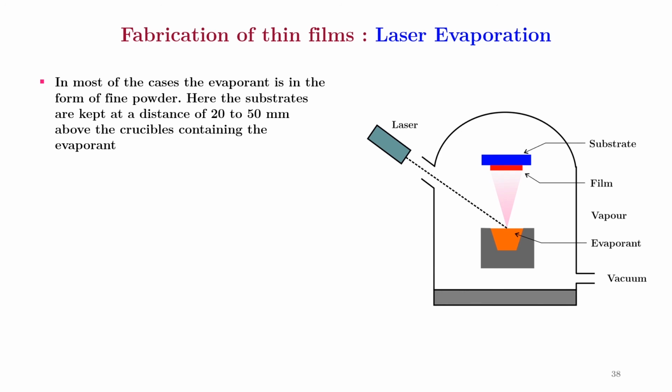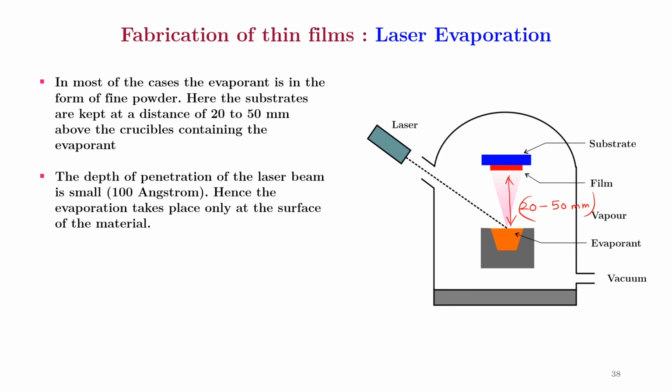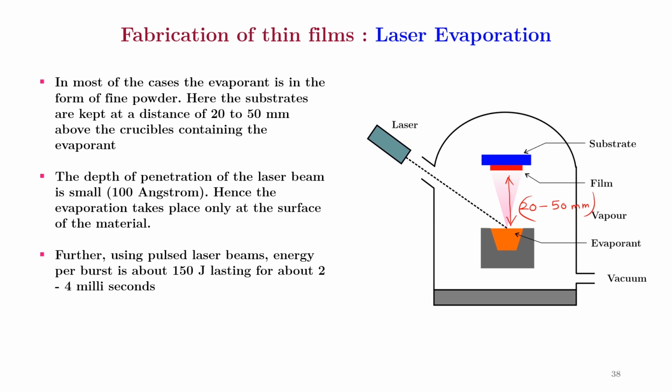In most of the cases, the evaporant is in the form of fine powder. Here, the substrates are kept at a distance of 20 to 50 mm above the crucibles containing the evaporant. The depth of penetration of the laser beam is as small as 100 angstrom. Hence, the evaporation takes place only at the surface of the material.